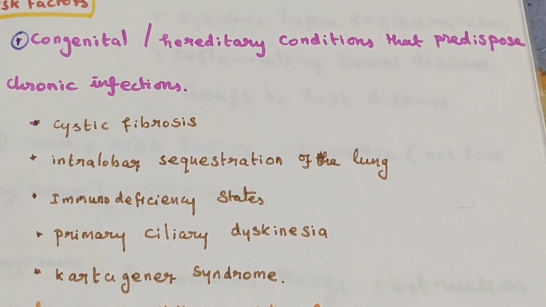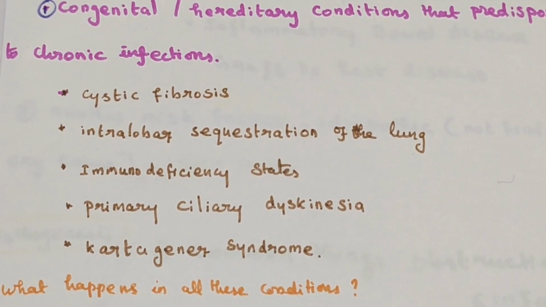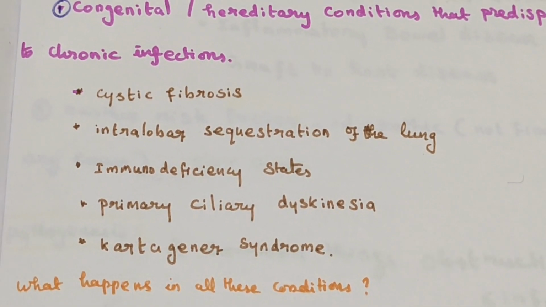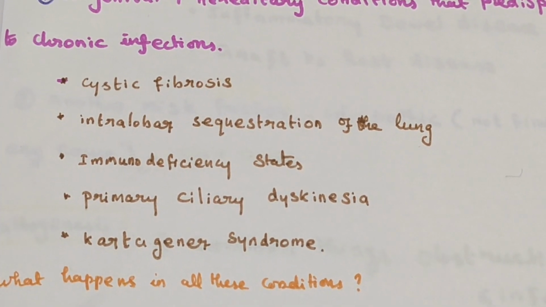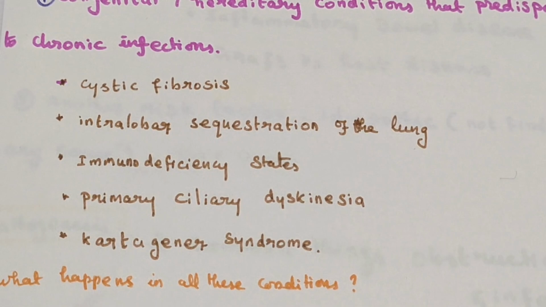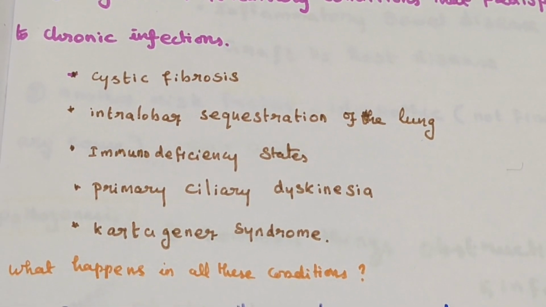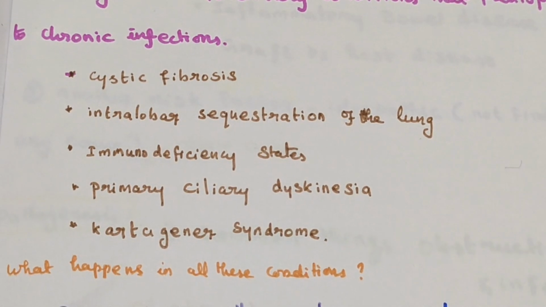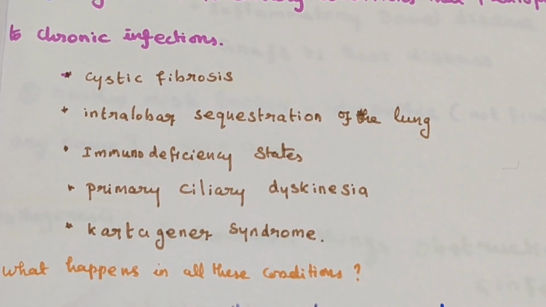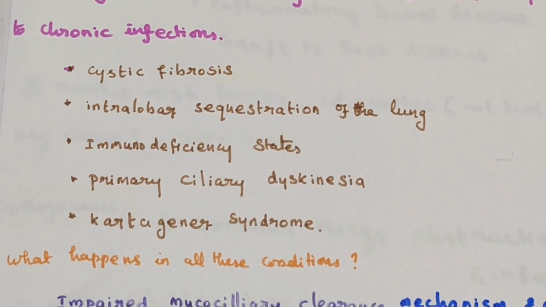So because of congenital or hereditary conditions, examples here are cystic fibrosis, intralobular sequestration of the lungs, various immunodeficiency states, primary ciliary dyskinesia, and Kartagener syndrome.